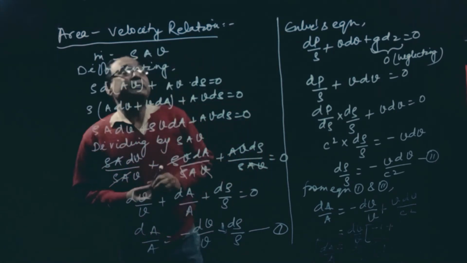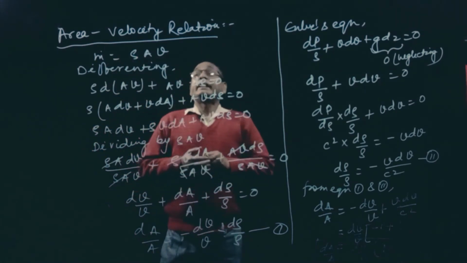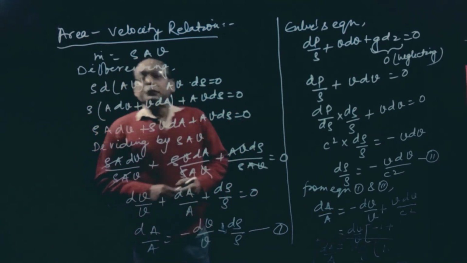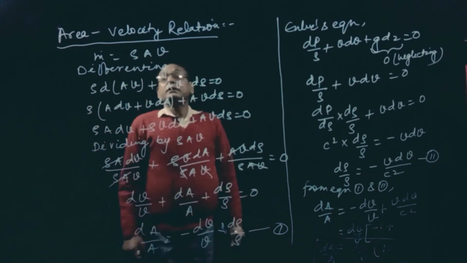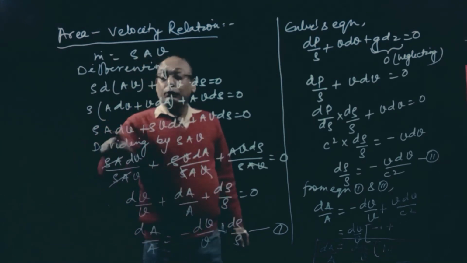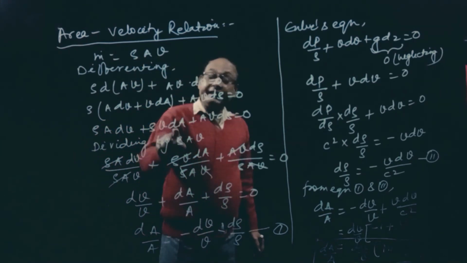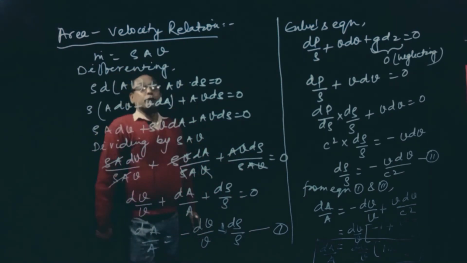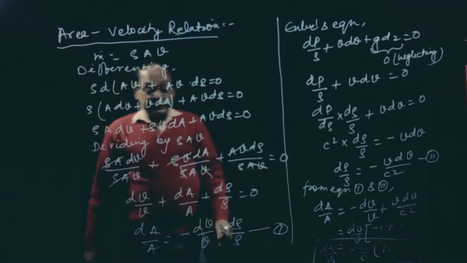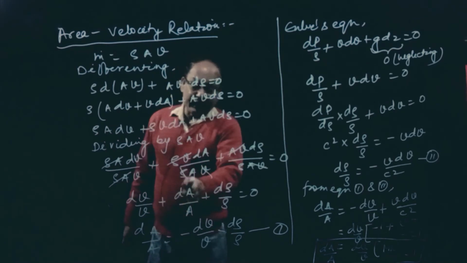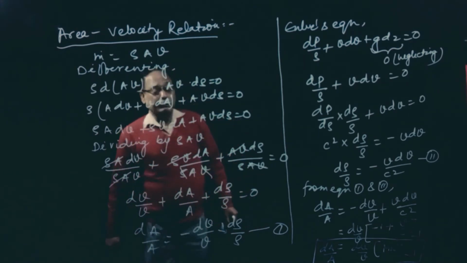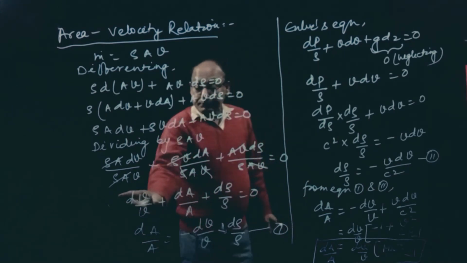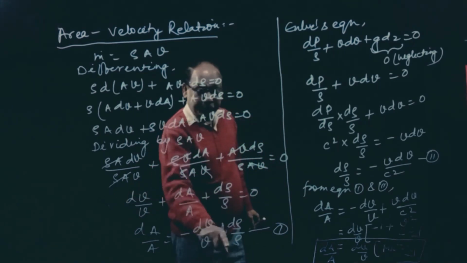Let us sum up how we have derived this relation. The area velocity relation comes from m dot is equal to rho A V. On differentiation we will get rho A dV plus rho V dA plus A V d rho. Dividing by rho A V throughout the equation, we will get dV by V plus dA by A plus d rho by rho is equal to 0. So dA by A will be equal to minus dV by V minus d rho by rho.